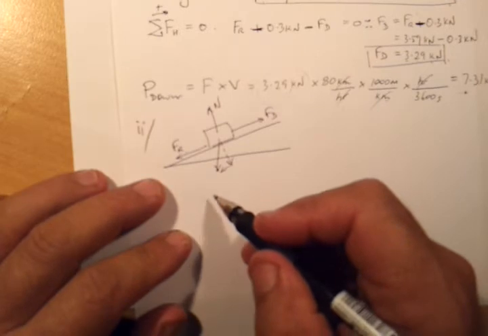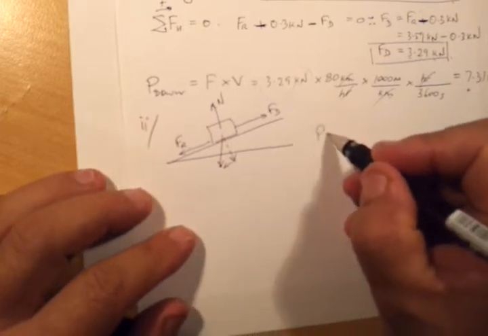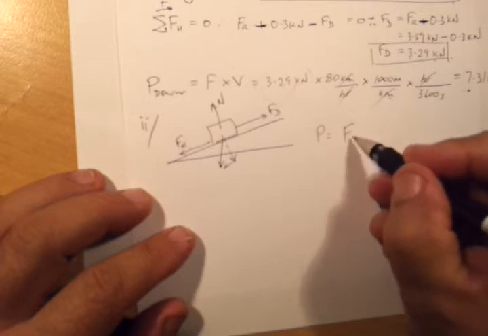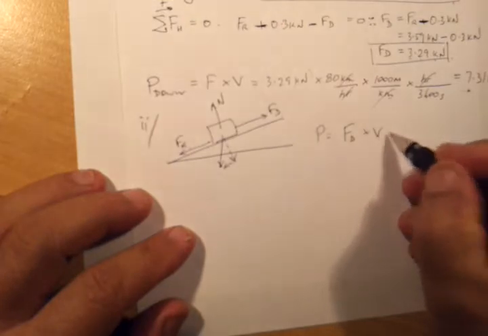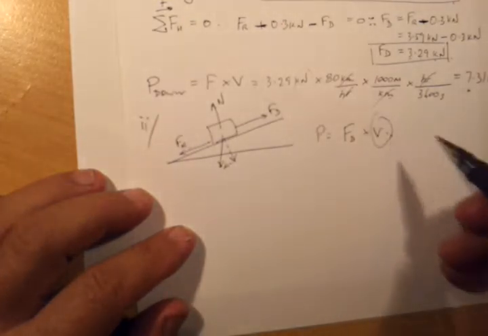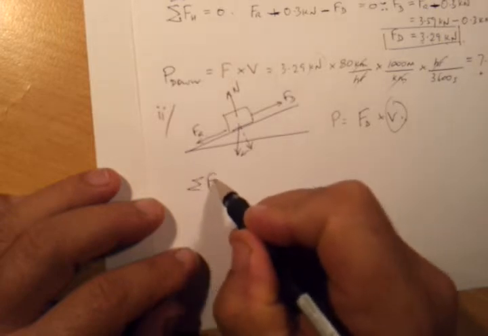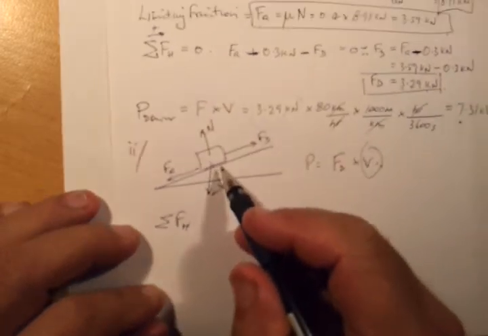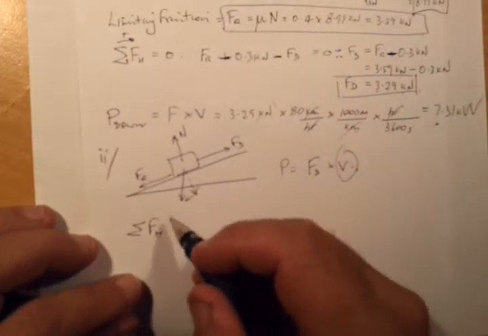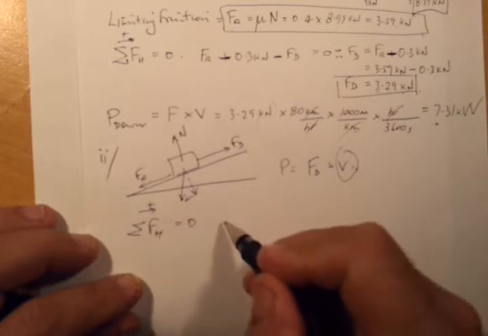Now, the power required to push it up the hill is going to be Fd, this time, going upwards, multiplied by the velocity. Now, we know the velocity is 80 kilometers per hour, that much is easy. So let's look at it. We go to sum of the forces horizontal, because the constant velocity means it's still in equilibrium. Sum of the forces horizontal go this way positive is going to equal to 0.